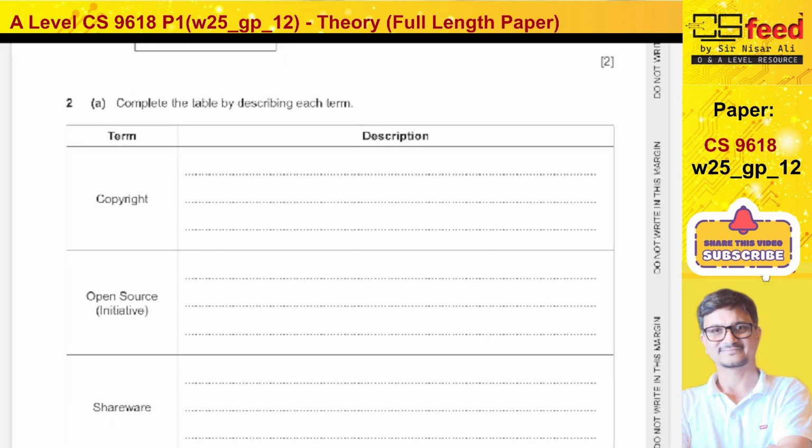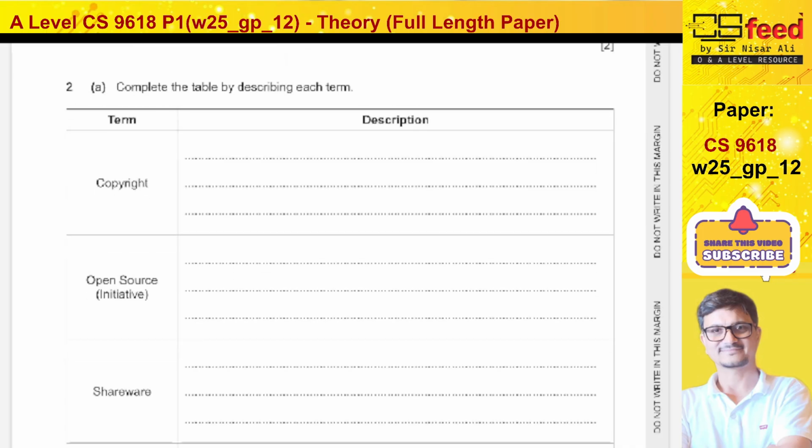Question number 2, complete the table by describing each term. We just need to write the description of the terms written over here. So first of all is the copyright.